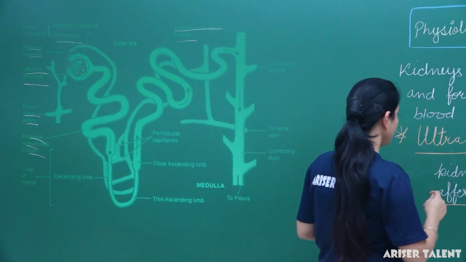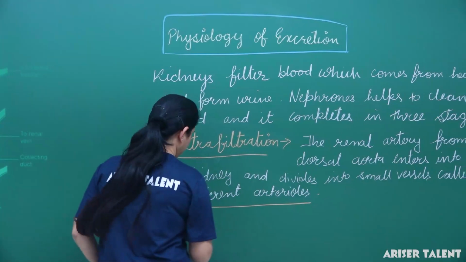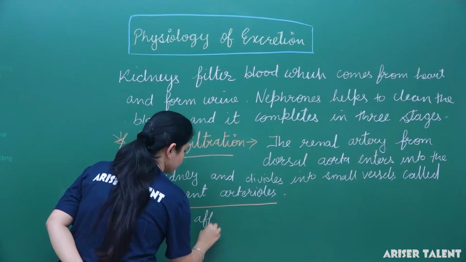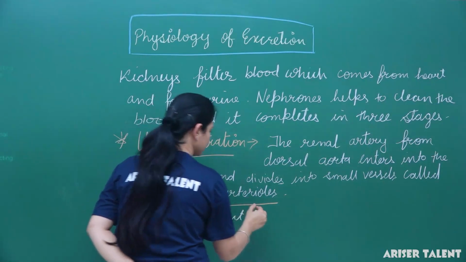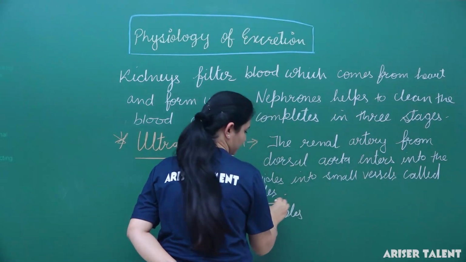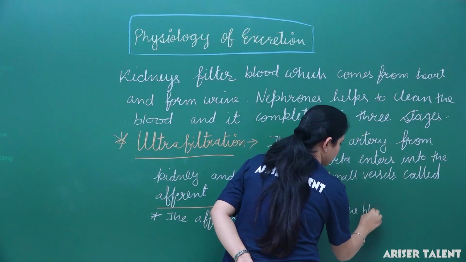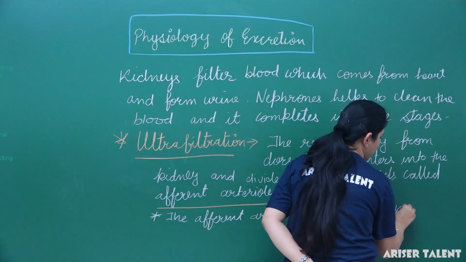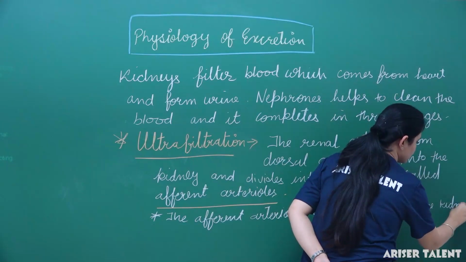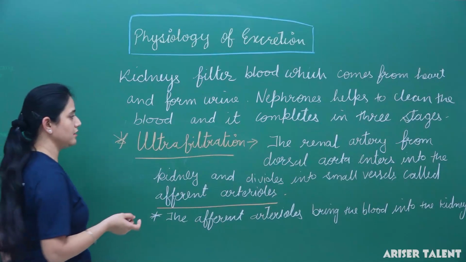Let me mention, these afferent arterioles bring the blood into the kidney. Then they further divide and form capillaries.